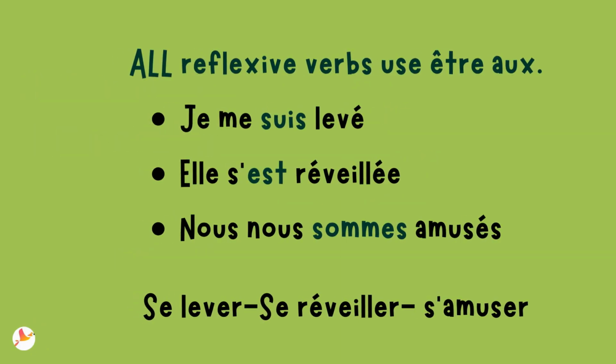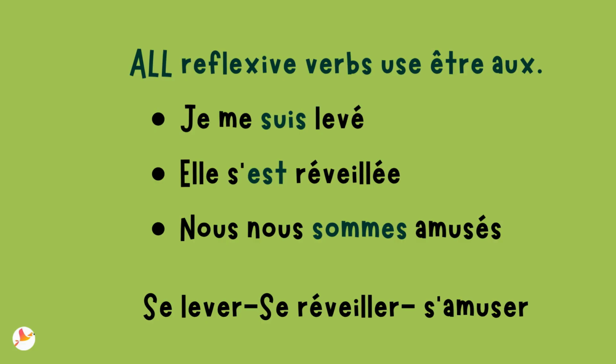So the second set of verbs which use être as the auxiliary are the reflexive verbs. So we have examples: se lever, se réveiller, s'amuser, to get up, to wake up, and to have fun. Je me suis levé, I got up. Elle s'est réveillée, she woke up.